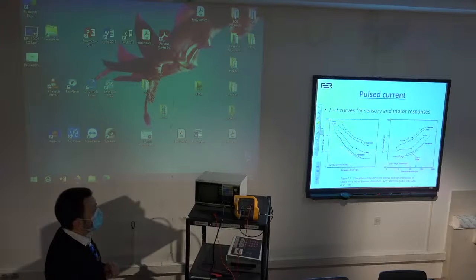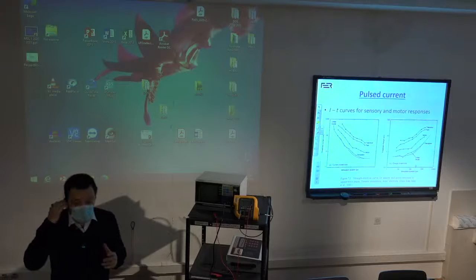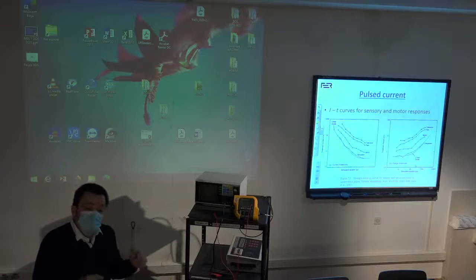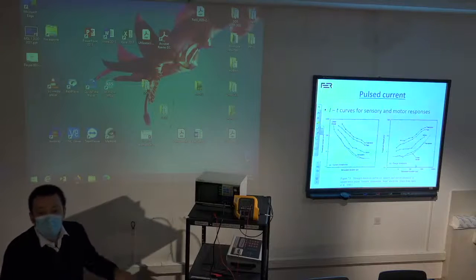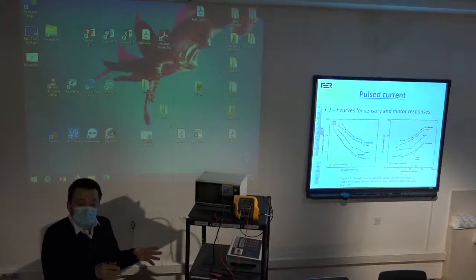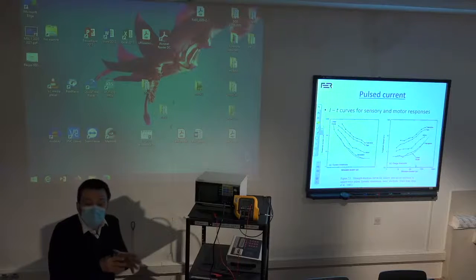So when we speak about the intended use of electrical currents for stimulation, then the intended use is usually moving some muscles and so on. When I was discussing pacemakers, I already told you that the reason for using rectangular pulses is the simplicity of their generation.